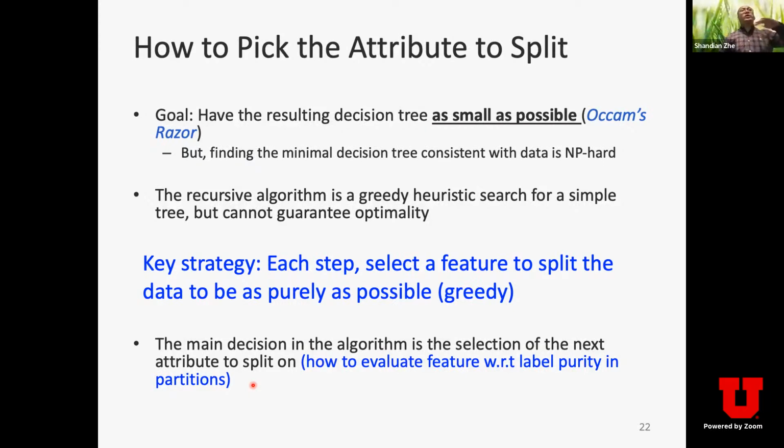That is, once we arrive at some step, we assume all the previous attributes are fixed. We just look at which attribute can best improve the label purity after we use that feature to split.